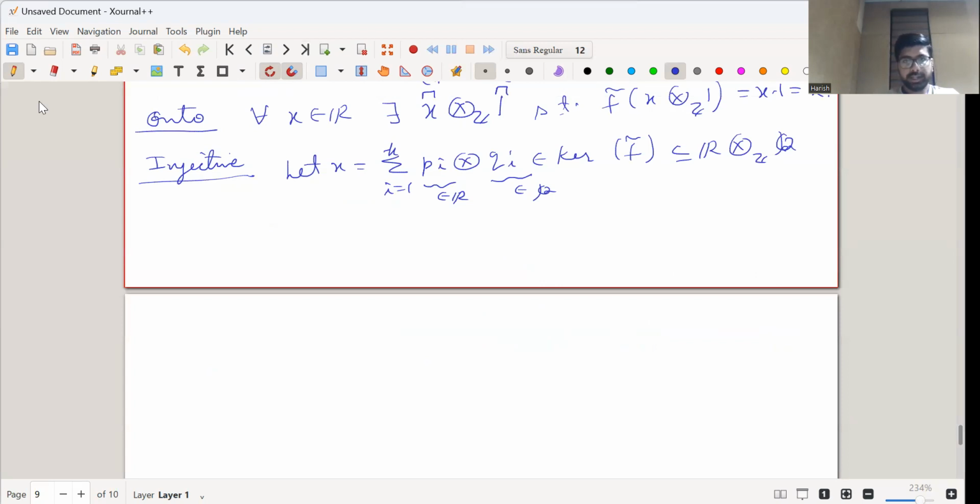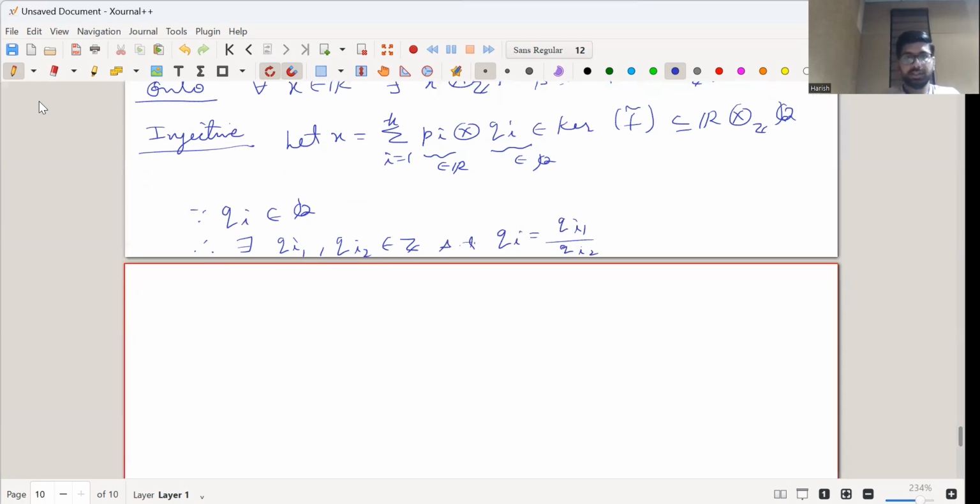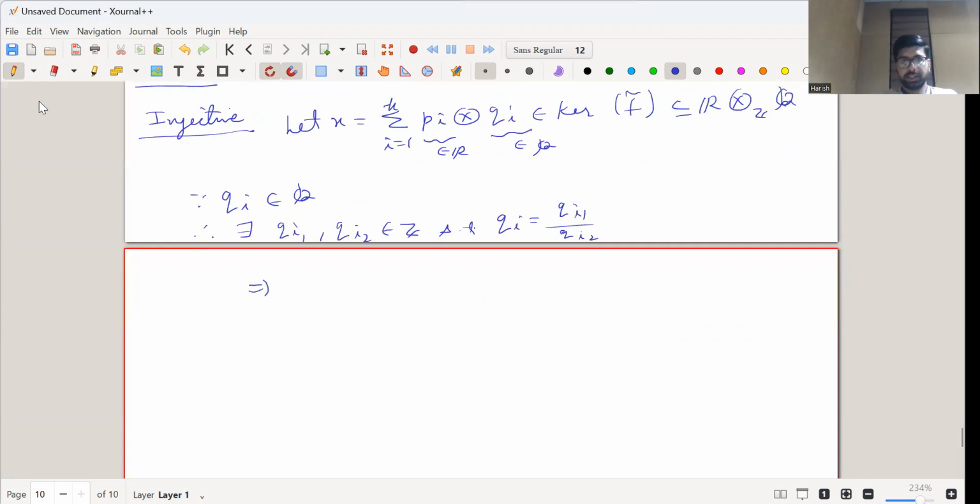Since qi belongs to Q, therefore there exist qi1 and qi2 belonging to Z, such that each qi is just the ratio qi1 over qi2, and then you proceed similarly to the last example.